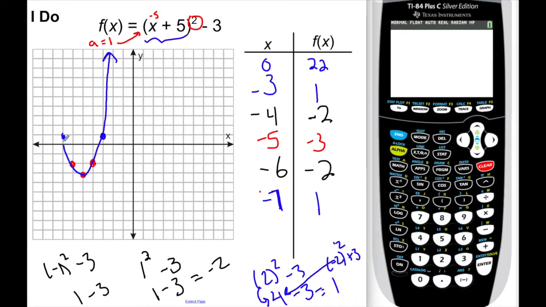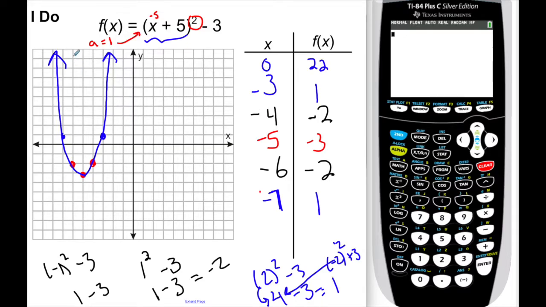Okay, so we have the vertex and 4 other points. All right, so I hope this made sense to you. I really encourage you to go back and explore, and again, go through how I did this and consider why things were able to be done the way they were, how I got the vertex, which is the red point in the table, okay, how I was able to use the symmetry, right?